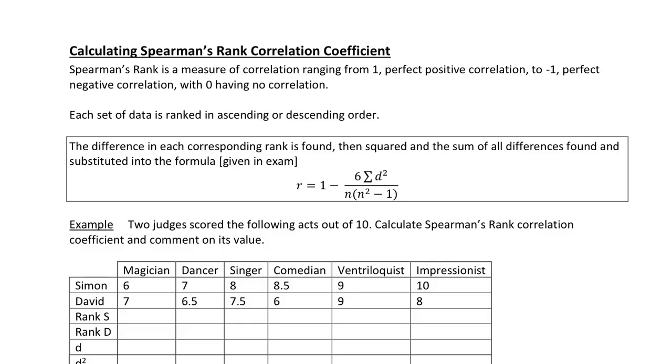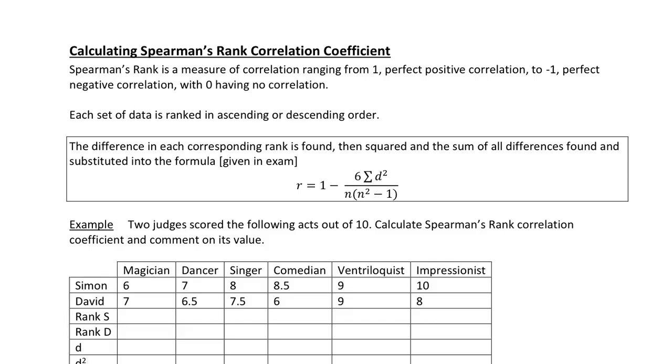So for this, each set of data is ranked in ascending or descending order as long as you're consistent. So both are either ranked in ascending order or both are ranked in descending order. And then the difference in each corresponding rank is found, then squared, and then the sum of all differences found and substituted into the formula given. So this is your formula for Spearman's rank correlation coefficient.